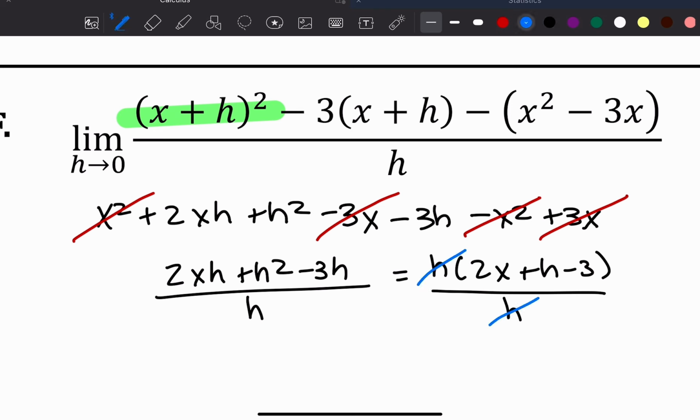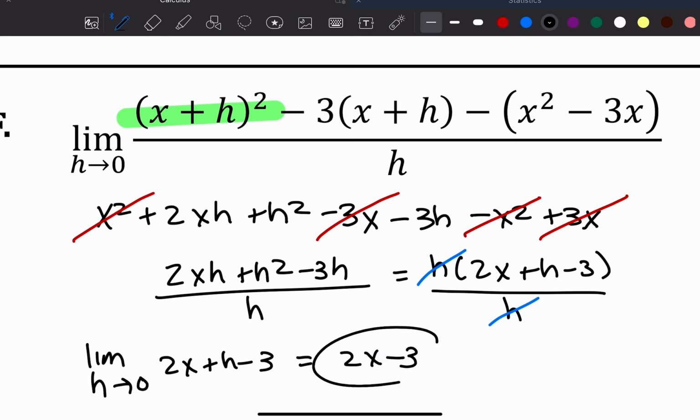The h's cancel, and so I'm left with the limit as h approaches 0 of 2x plus h minus 3, which is equal to 2x minus 3. Okay. Since this is the definition of a derivative, and we had multiple variables in use, it does make sense to end up with a function as our limit.